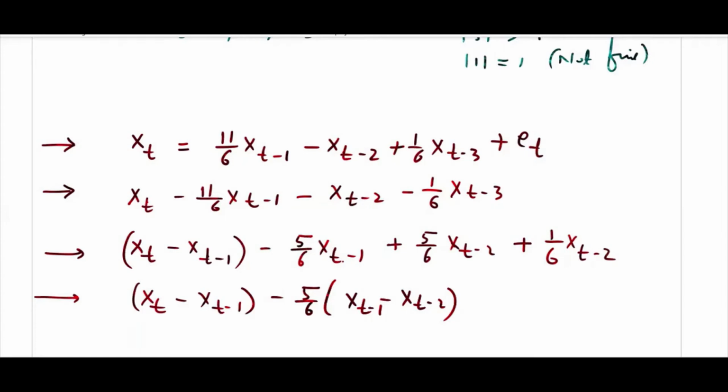I've taken 5 upon 6, 1 upon 6 remains, and this is minus. This is e_t. Then I can take 1 upon 6 common.